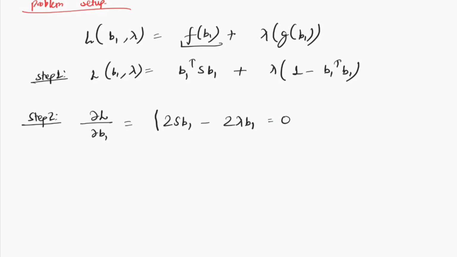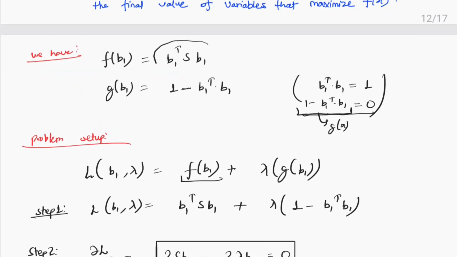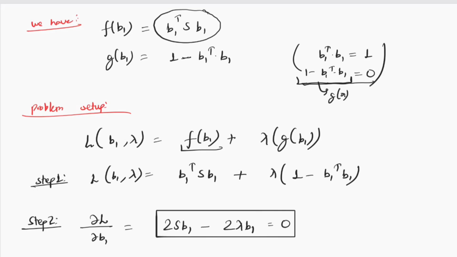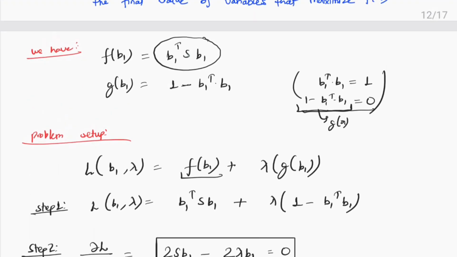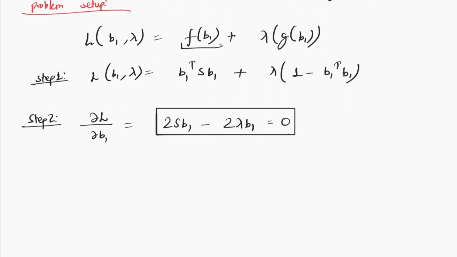For now, you just consider this value. If you are confused how we did the differentiation of this with respect to B1, where B1 is a vector and S is a matrix, then for now just take this as the final value.